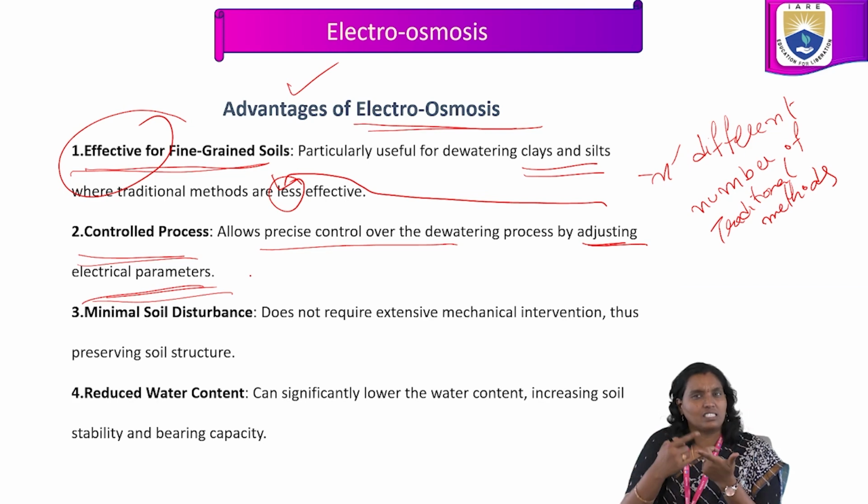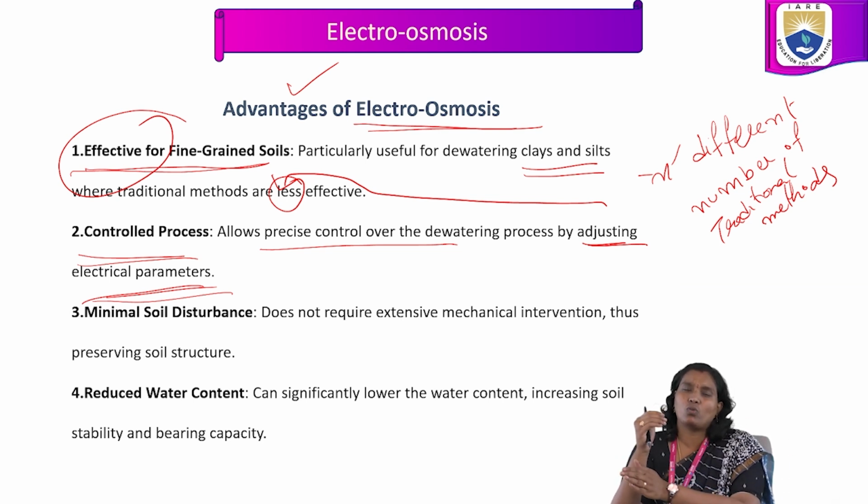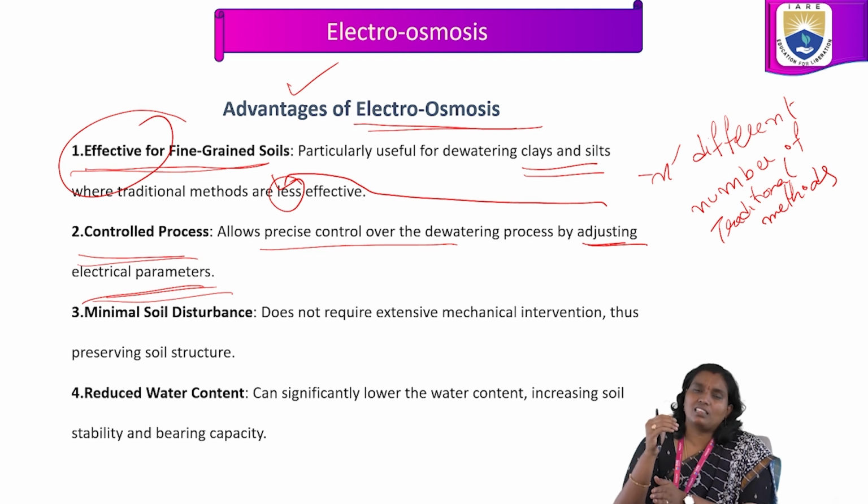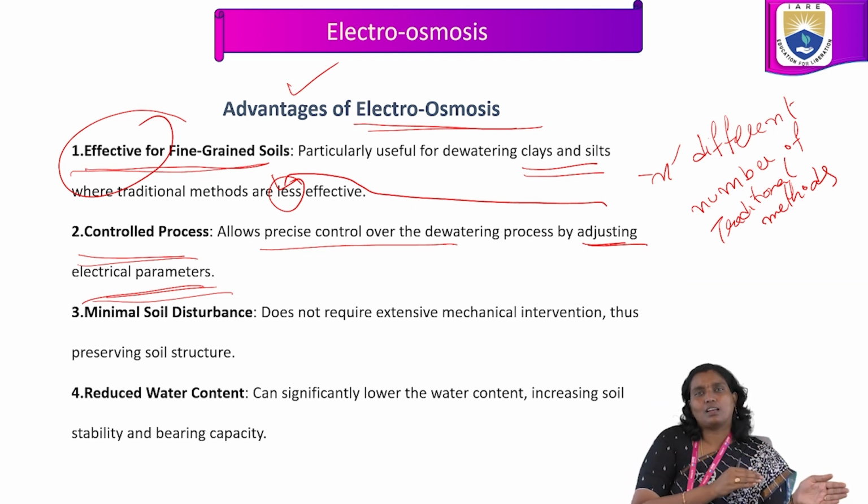So we are going to adjust the voltage and also the current, as well as monitoring how much result we get whenever something is inserted: less moisture content of the soil, and the water is removed from the soil.